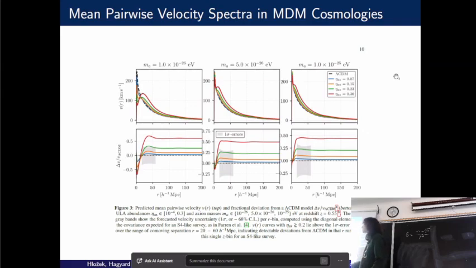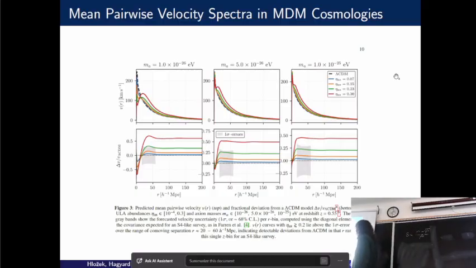There's small scale suppression of structure, which, as we described, is expected for axions because of their high de Broglie wavelength. More specifically, the quantum pressure term we were discussing earlier suppresses growth at small scales.